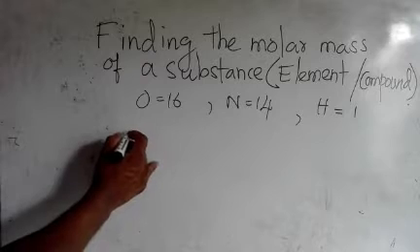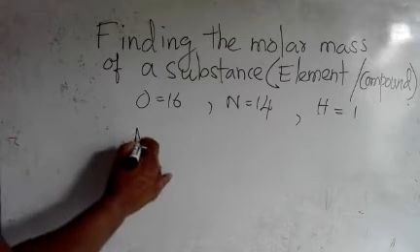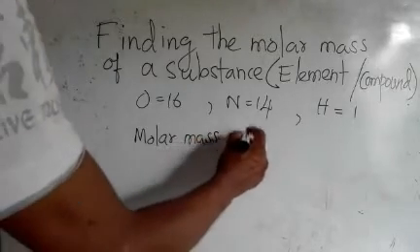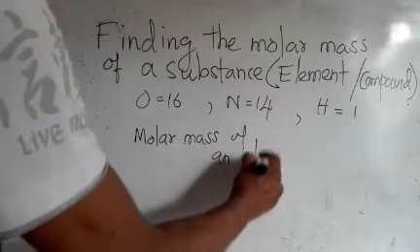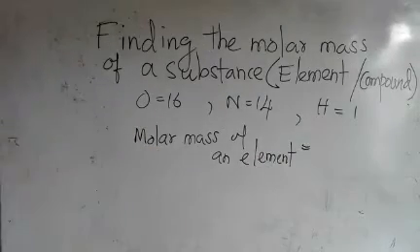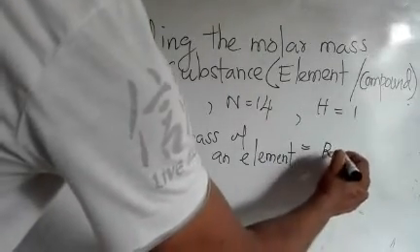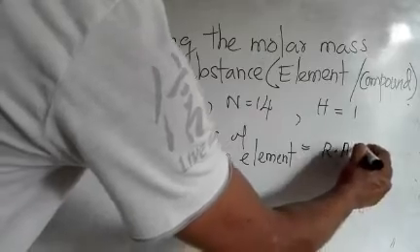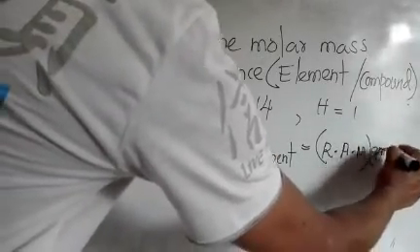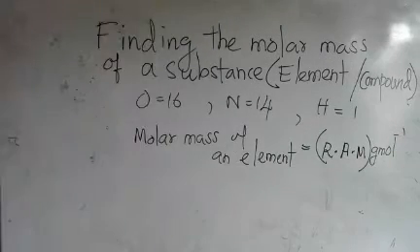The molar mass of an element equals the relative atomic mass in grams per mole. That's all.